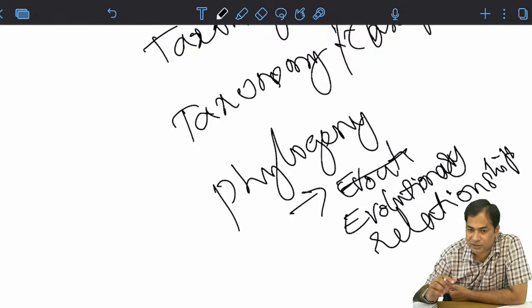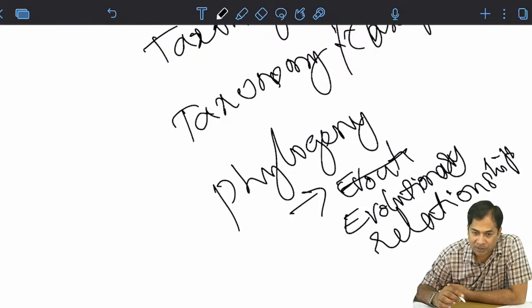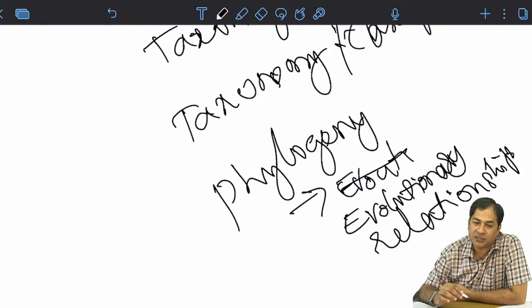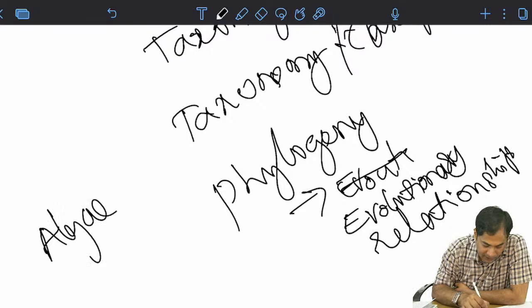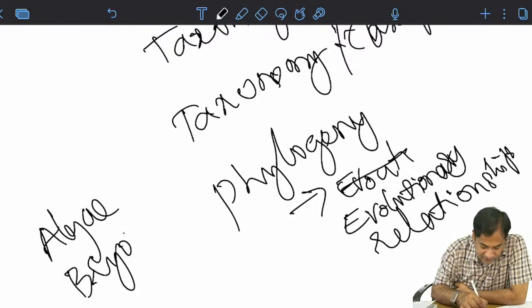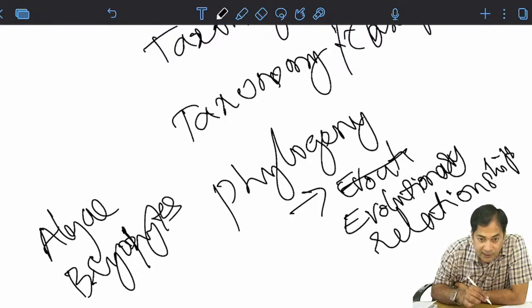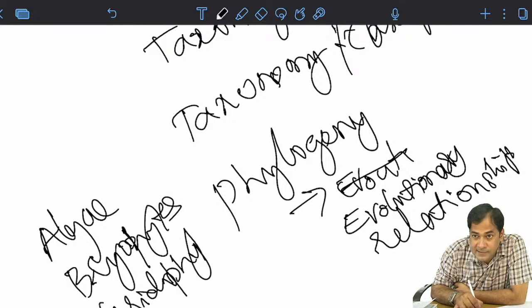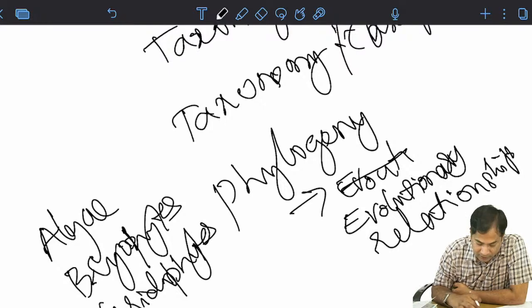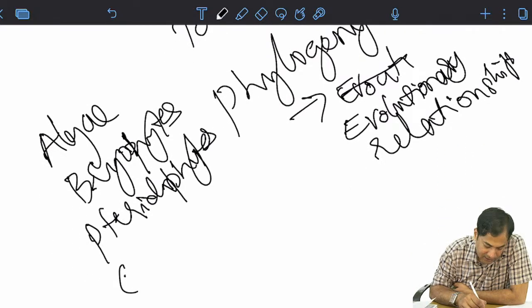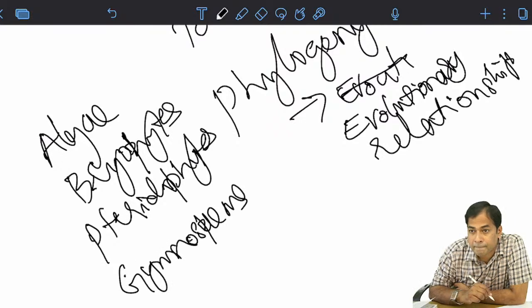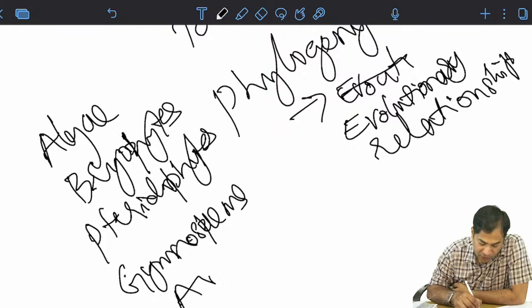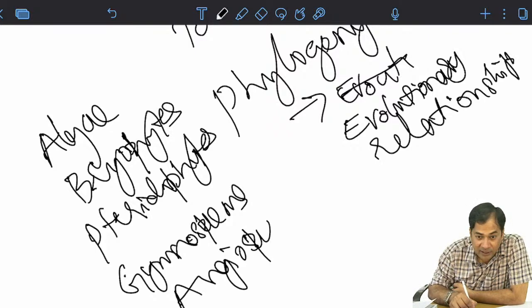So phylogeny means, for example in the plant kingdom, first there is algae given there. See, I am going to write algae. After that they have given bryophytes, then pteridophytes, then gymnosperms, then angiosperms, meaning flowering plants.